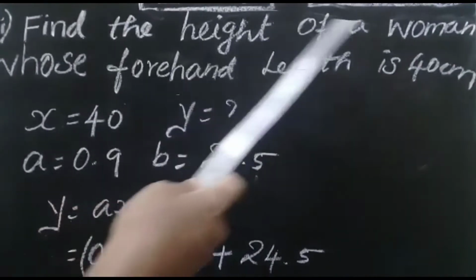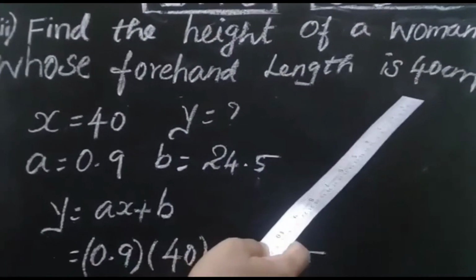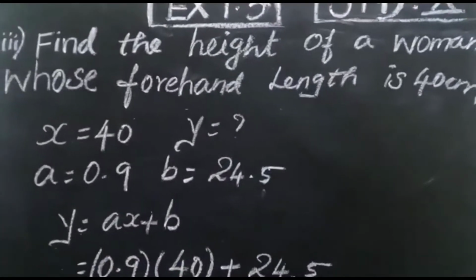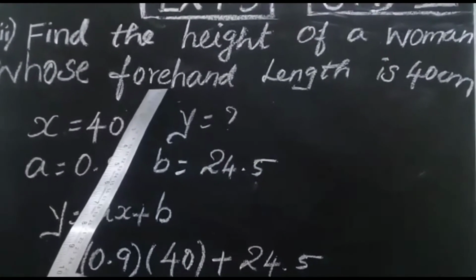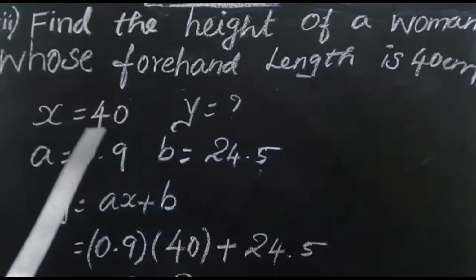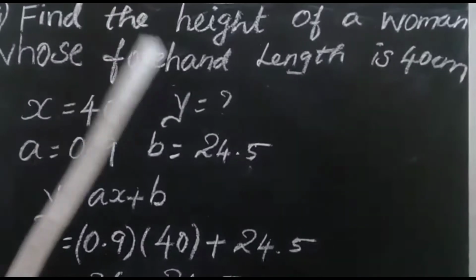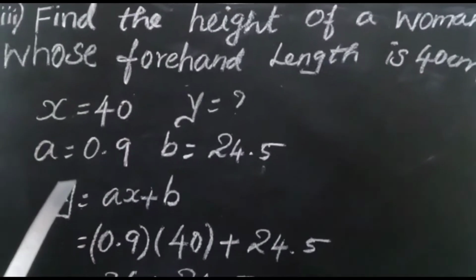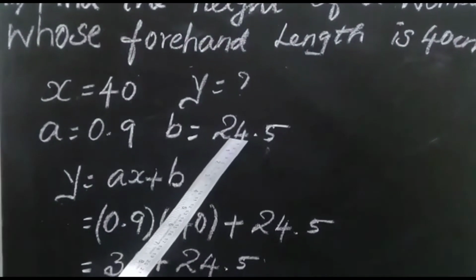Third subdivision. Find the height of a woman whose forehead length is 40 centimeter. So in the tabular column, the height of women is represented by y, and the length of forehead is represented by x. Here the x value is given; you have to find the y value. So the a value is 0.9 and the b value is 24.5.